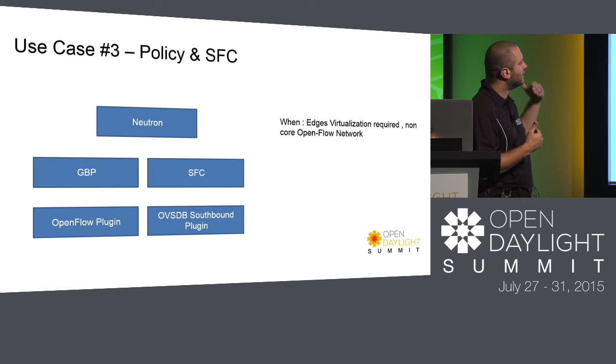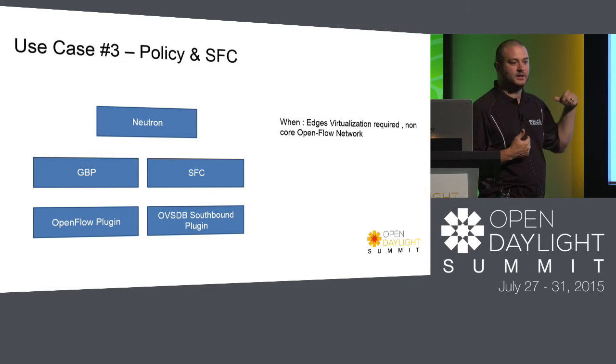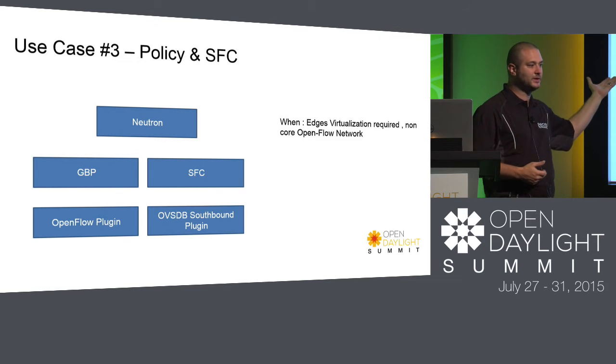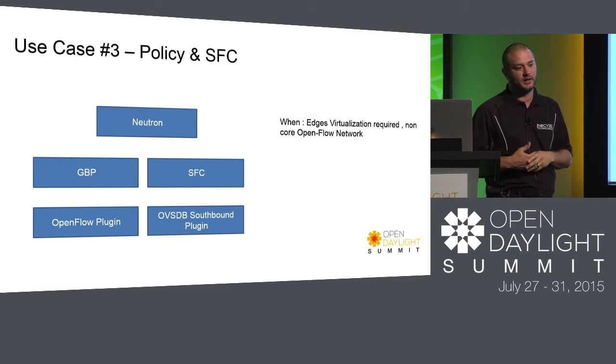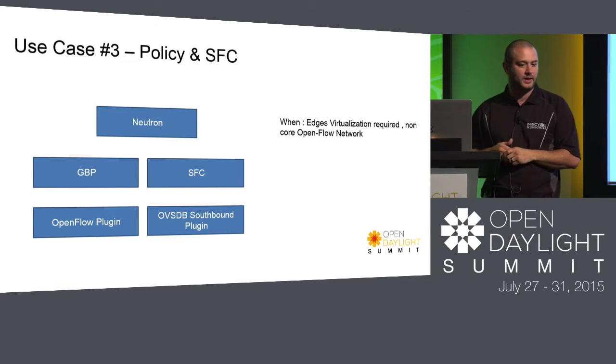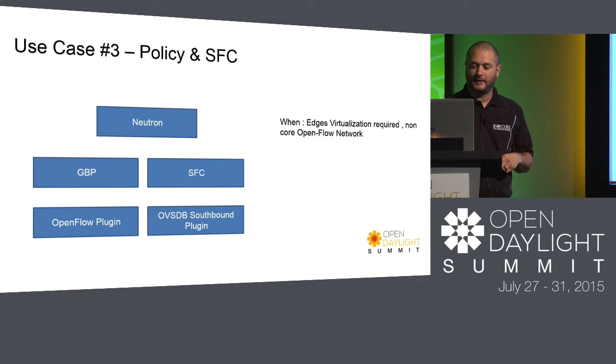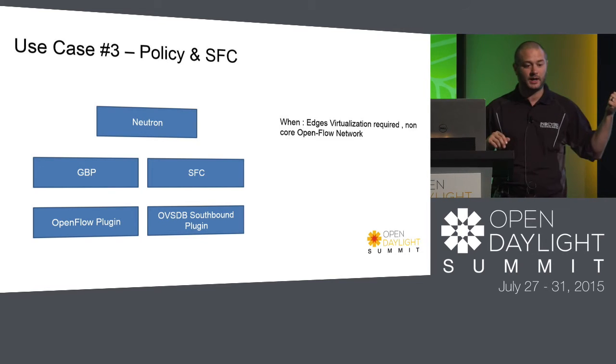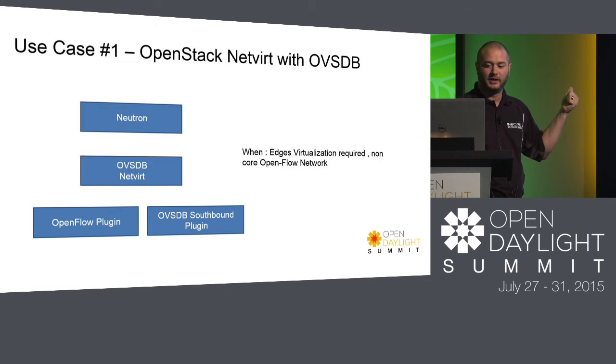So SFC is really more of a telco requirement. Group-based policy came from data center requirements, but traversed a bit towards meeting some of the telco needs. So if you are building a telco cloud, this is what I would use compared to the pure IT or the pure campus one.